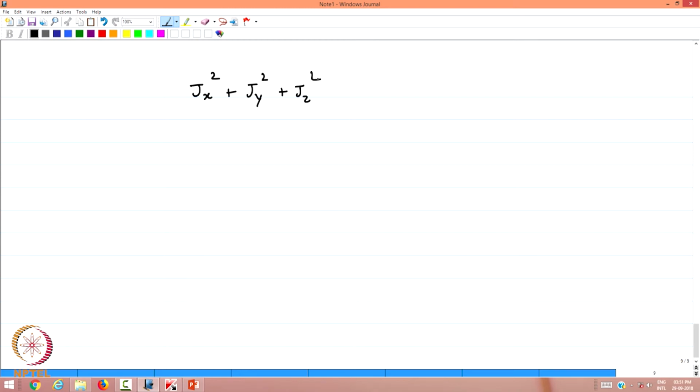So, the Jx² term is of course, if you have to write this, minus iħ squared, times minus sin φ ∂/∂θ minus cot θ cos φ ∂/∂φ, acting on itself.